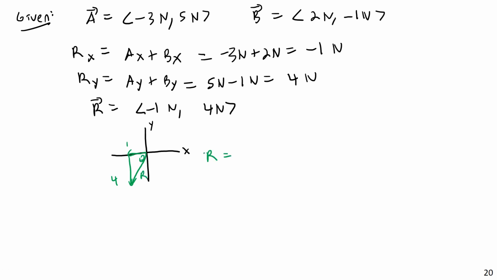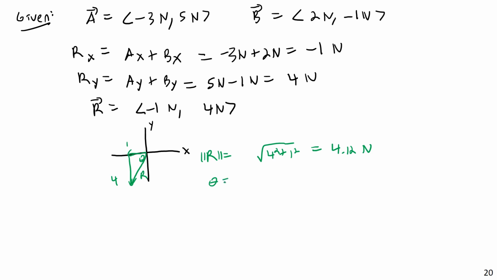The magnitude of r is going to be the square root of 4 squared plus 1 squared. Let me throw that into my calculator. So that will be the square root of 17, or simply 4.12 newtons.